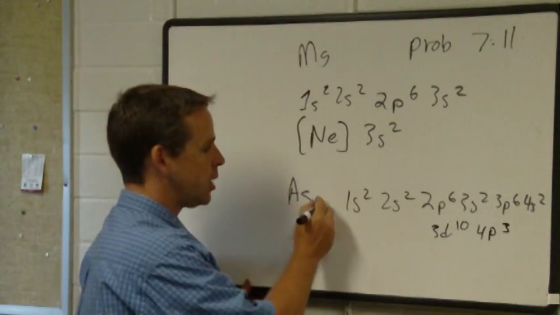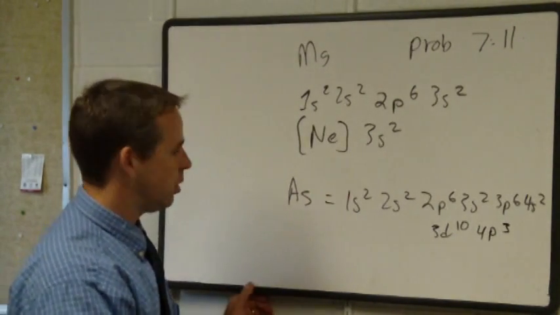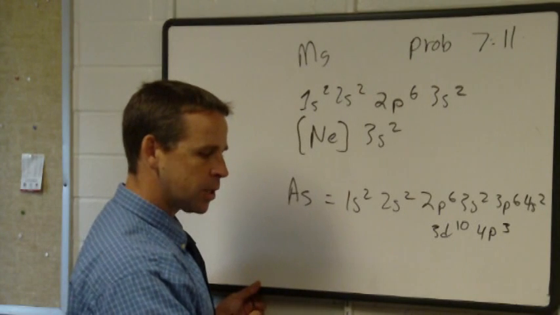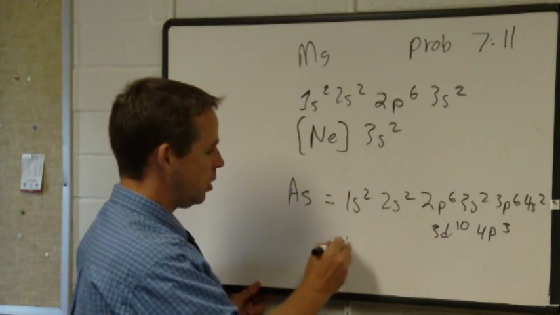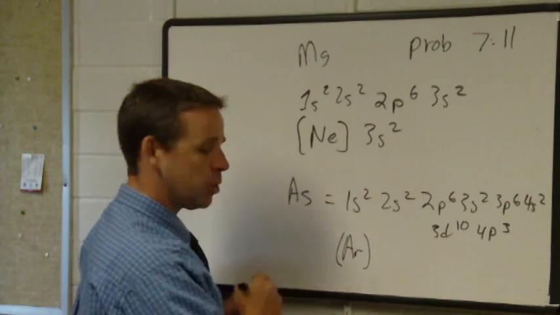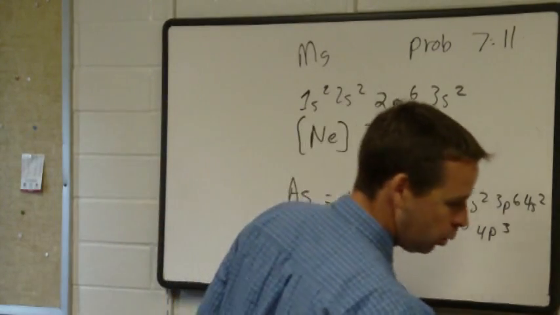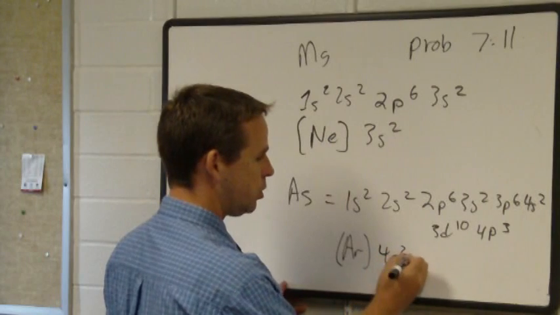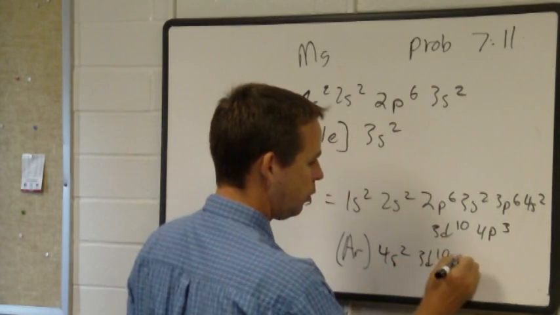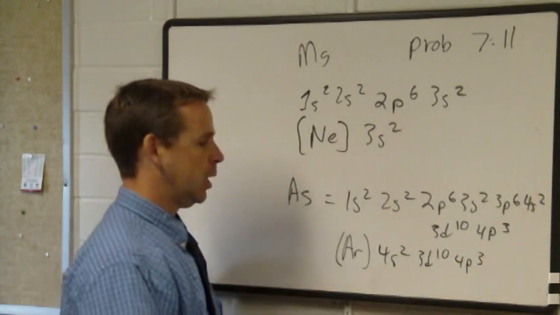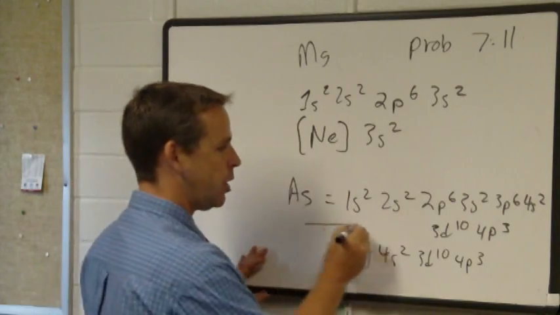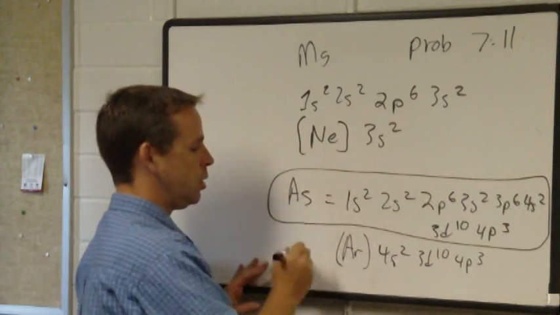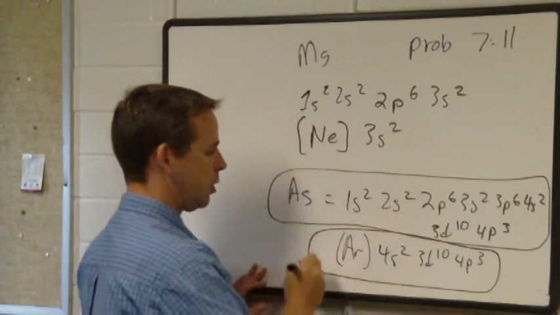All right, so that's the electron configuration for arsenic. Now let's do the abbreviated electron configuration for arsenic: argon, and then after argon we have 4s2, 3d10, 4p3. Here is the electron configuration for arsenic, and here is the abbreviated electron configuration.